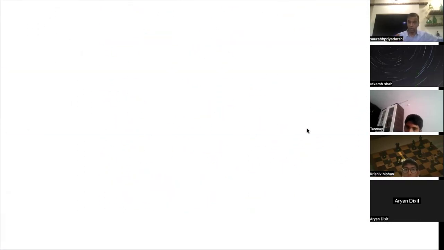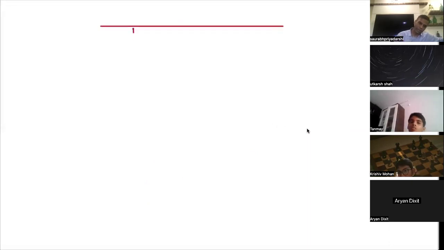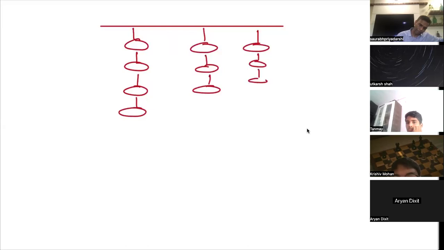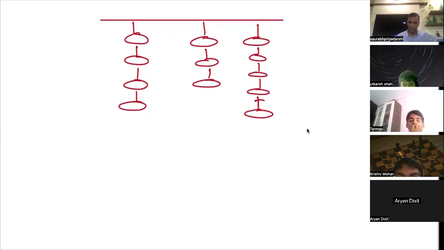I'm going for a second question, on increasing and decreasing order. Suppose these are the plates, and we have a shooter.